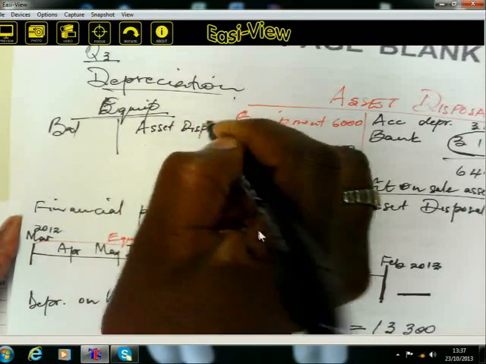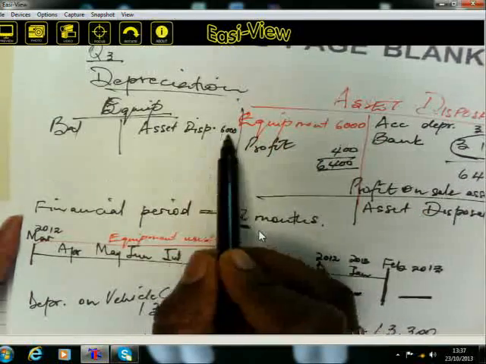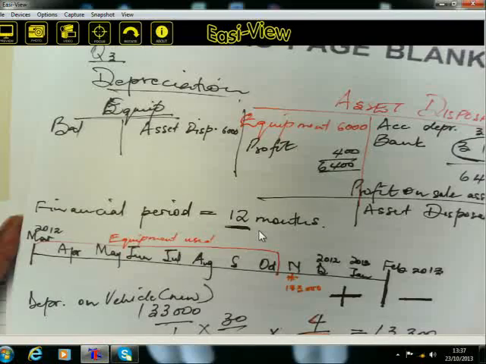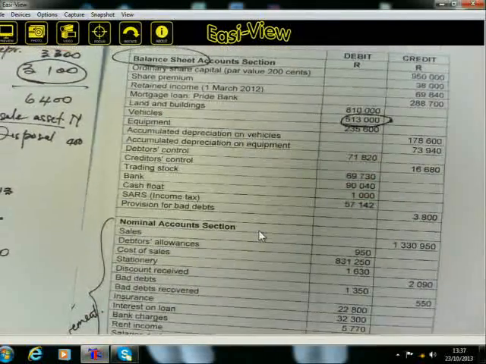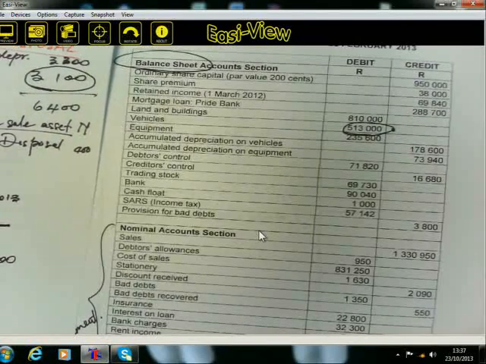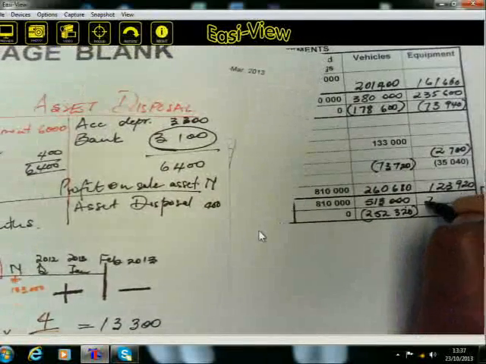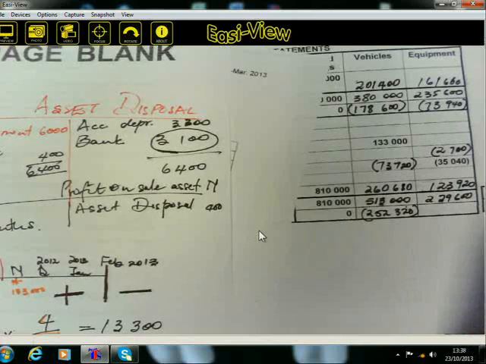Remember, it has to be subtracted, which is 6,000. It has been sold. We no longer have it in the business. So from 235,600, we subtract the 6,000, and we are left with equipment of 229,600. No new equipment was purchased.